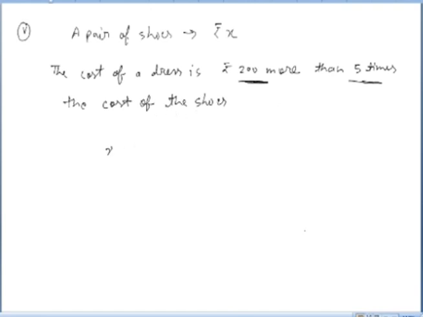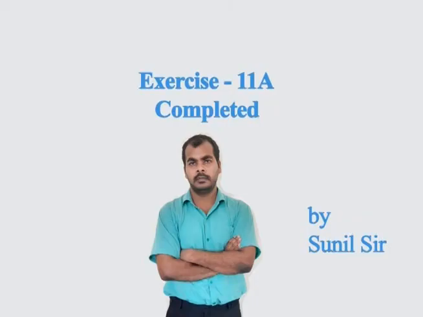The cost of shoes is x. So x is the cost of shoes. So 5 times this number is 5x, and it is saying 200 more, plus 200. So in this way we have to write this expression. So this is the cost of the dress. So in this way we have to write these algebraic expressions. Okay, so we have completed our exercise 11a.